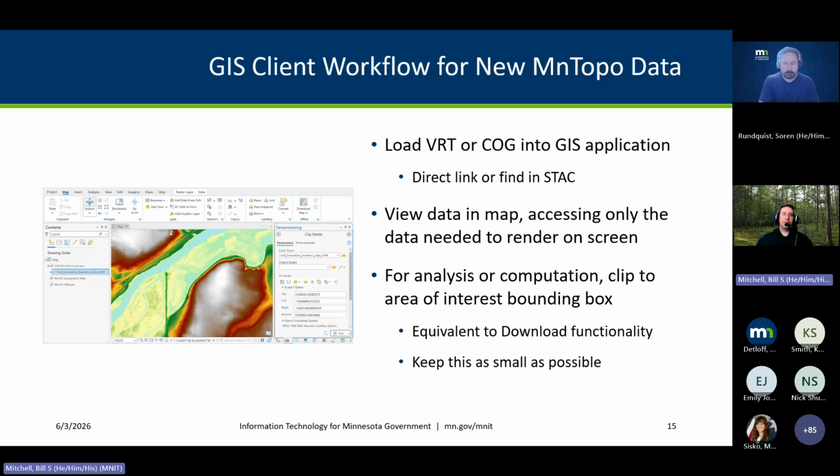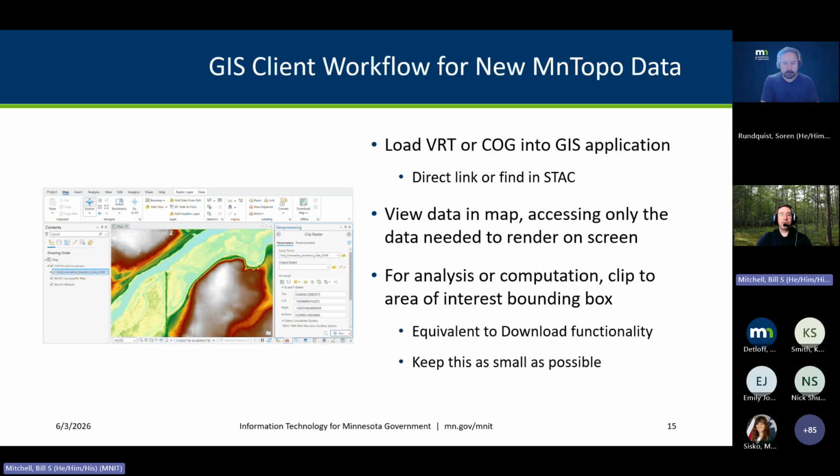So the workflow for GIS clients is a little bit different now with this new MnTopo data. Previously, you would go to the MnTopo application, select your project area, and click to download the data.